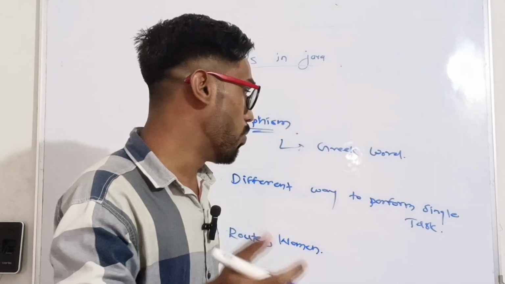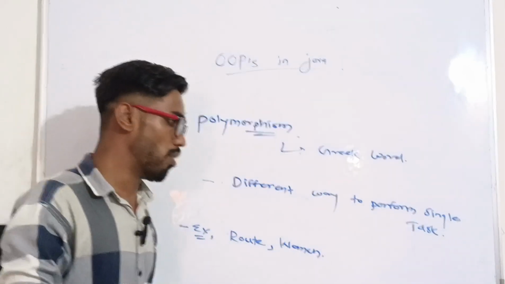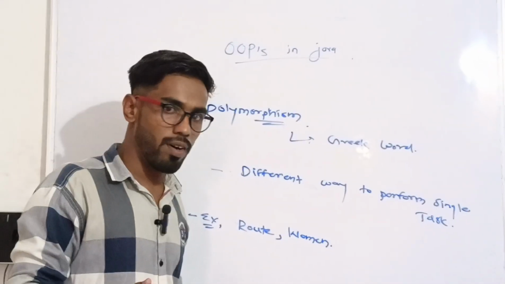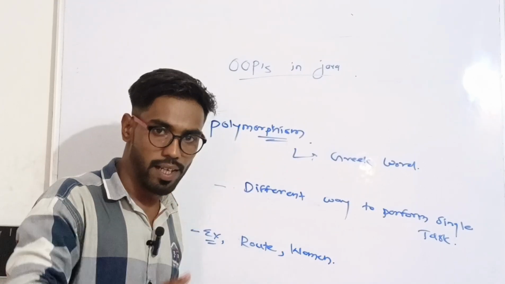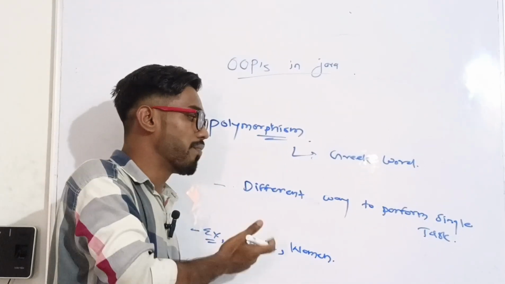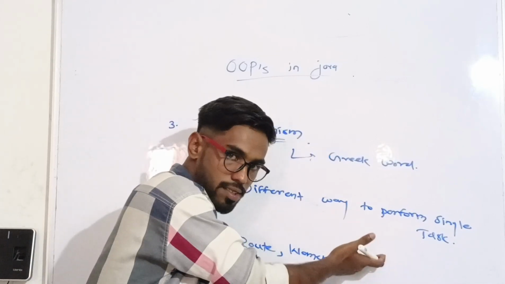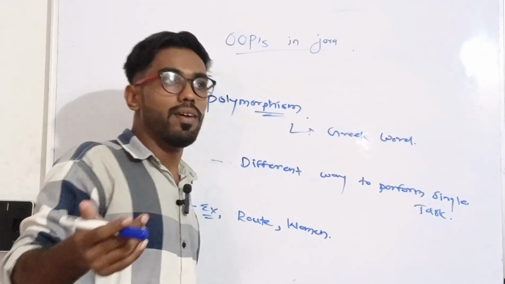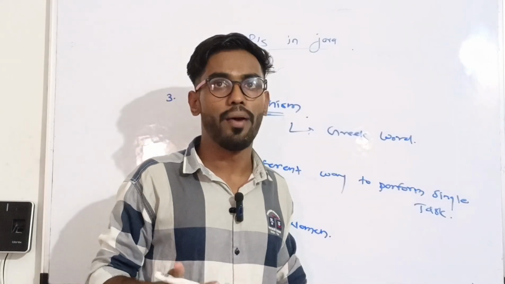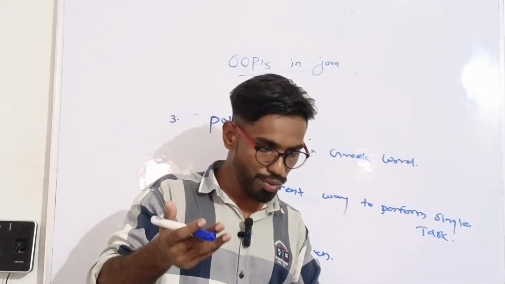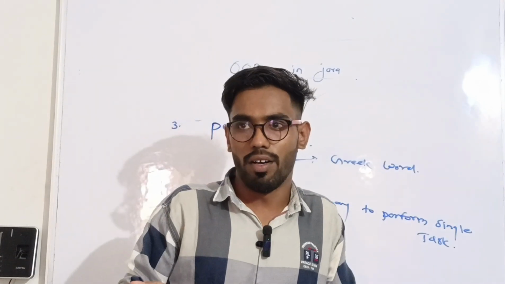So what is polymorphism? Polymorphism is nothing but, if you want to perform a single task, there are multiple ways, different ways to perform that single task. What does that mean? Assume we have to go somewhere.